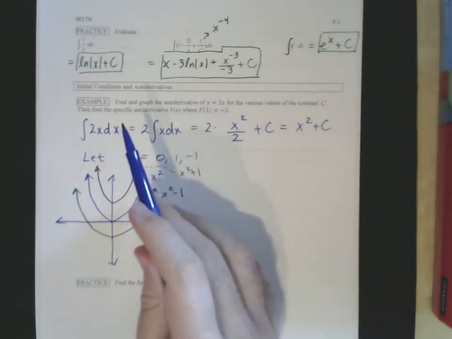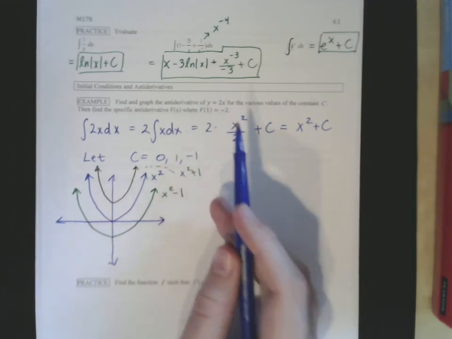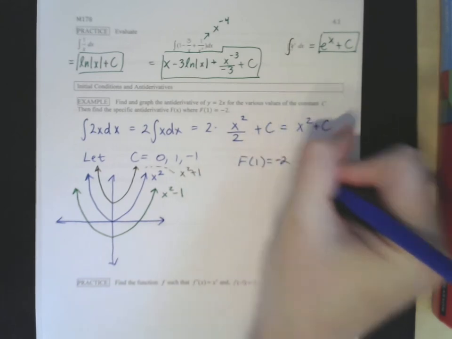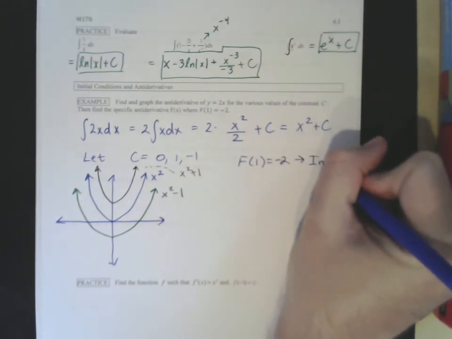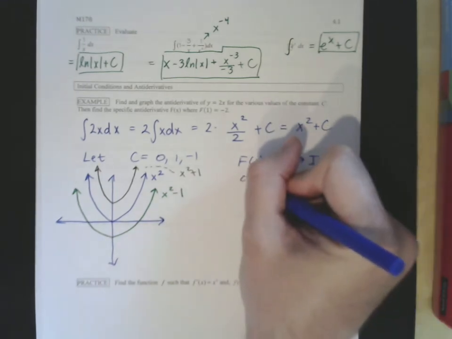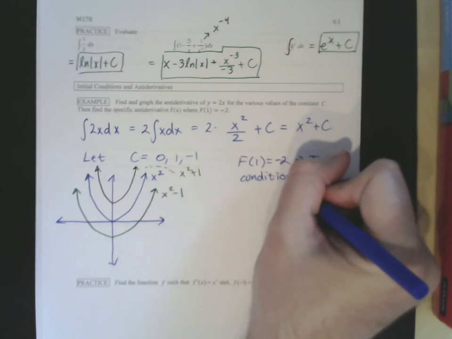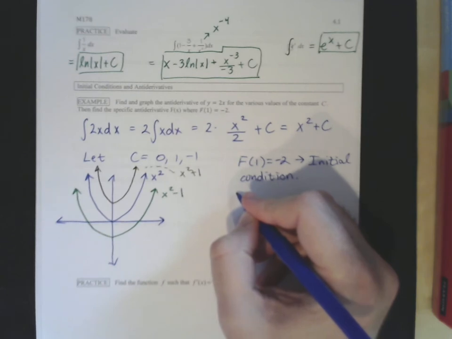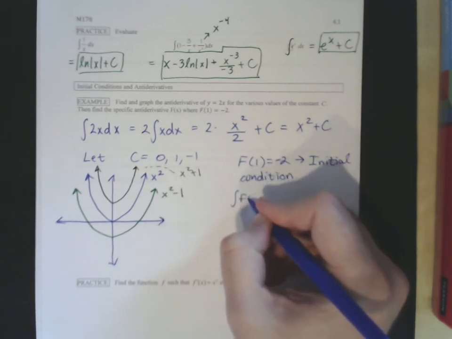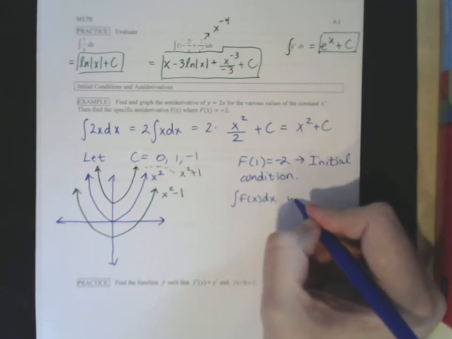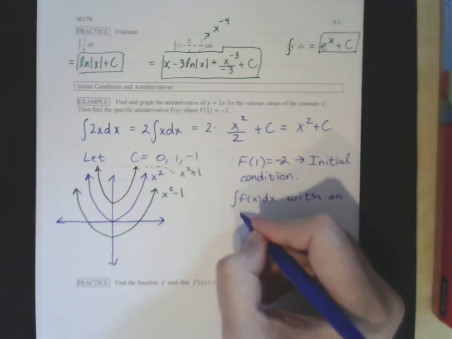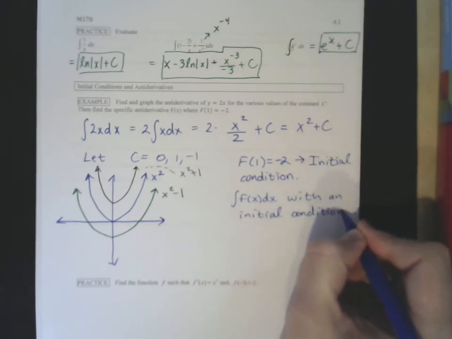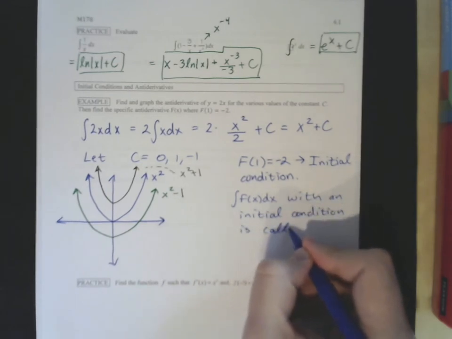But what we want is the specific antiderivative where f of 1 equals negative 2. And so this f of 1 equals negative 2, this is what's called an initial condition. And a question that has an integral f of x dx with an initial condition is called an initial value problem.